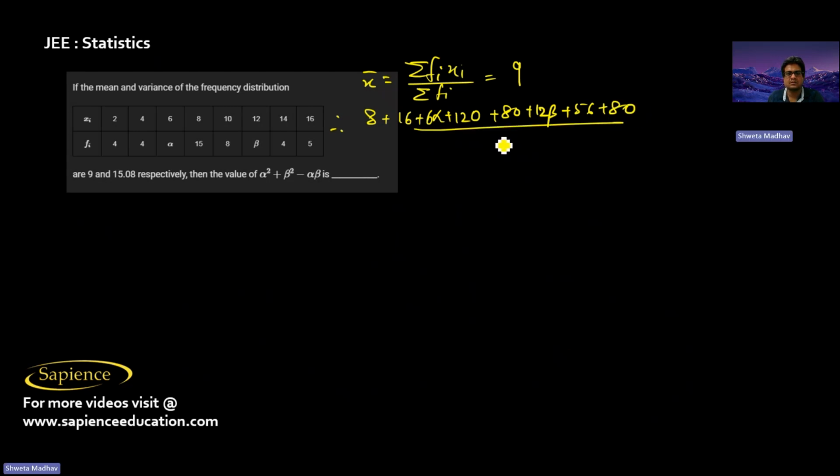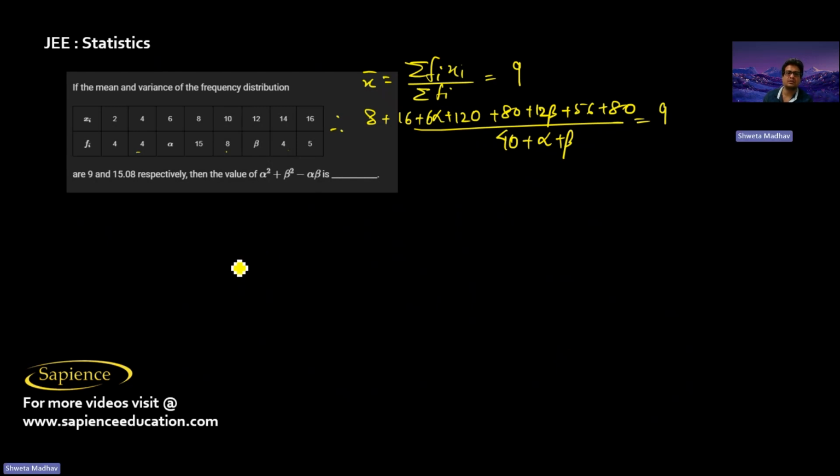That divided by 4 plus 4, 8, 8 plus 8, 16, 16 plus 4, 20, 20 plus 4, 12, 12 plus 8, 20, 20 plus 20 is 40. So 40 plus alpha plus beta is the summation of fi, that is equal to 9.